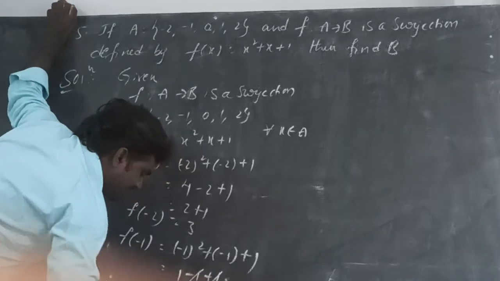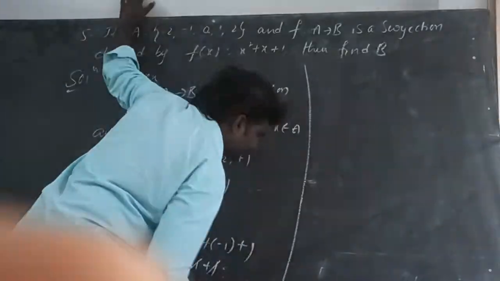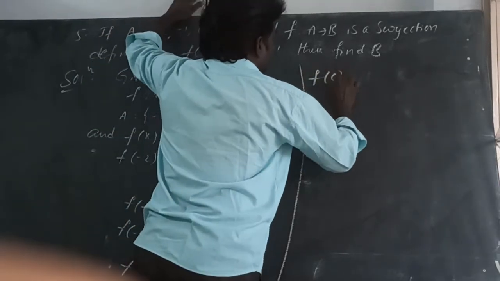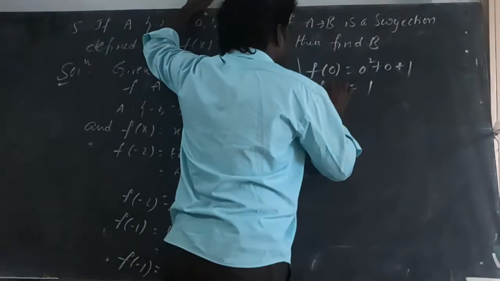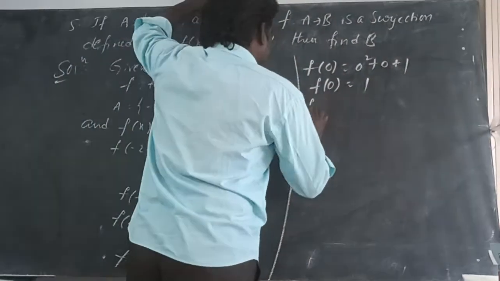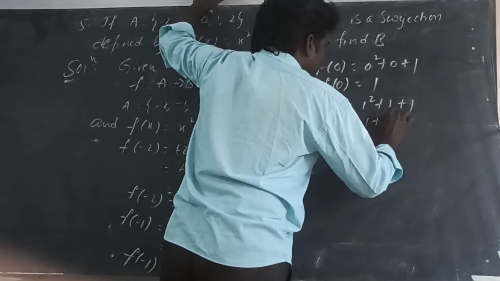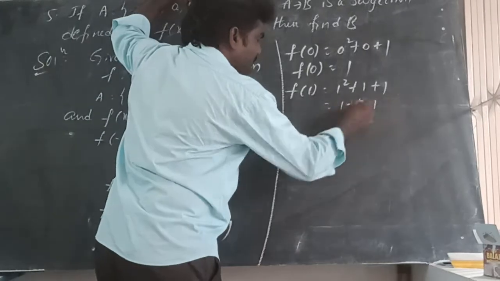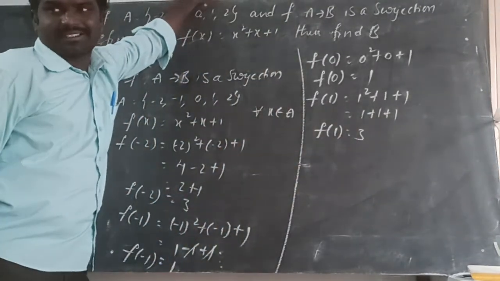Minus 1 plus 1 cancel, that is 1. f of minus 1 is 1. Next f of 0, that is equal to 0 square plus 0 plus 1, that is equal to 1. So the 0 mapping element is what? 1. Okay, next f of 1 that is equal to 1 square plus 1 plus 1, that is equal to 3. So the mapping element of 1 is 3.